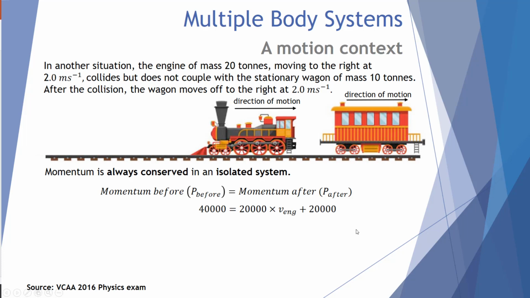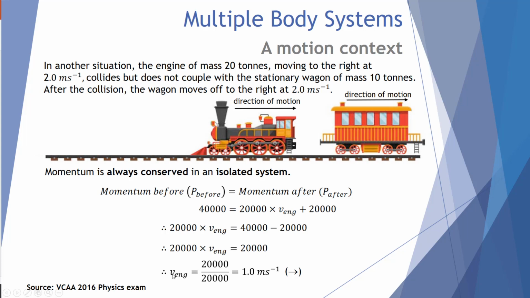Let's group these together. So 20,000 multiplied by the velocity of the engine, we make that our subject, is equal to 40,000 subtracting the 20,000, which leaves us with 20,000 multiplied by the velocity of the engine is equal to 20,000. Now if we divide both sides by 20,000, we find the velocity of the engine to be 1 meter per second, and it's moving to the right.